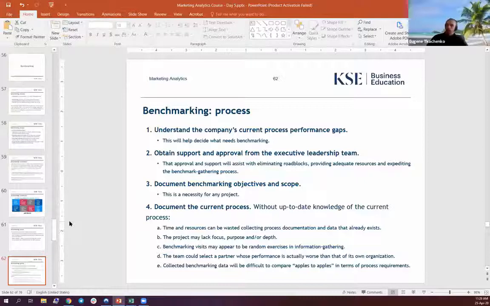So basically, we're starting with the current performance analysis, in order to identify any performance gaps. So for example, you spotted the difference between two different departments and you want to improve the department's efficiency by Z%. So how can you do it?